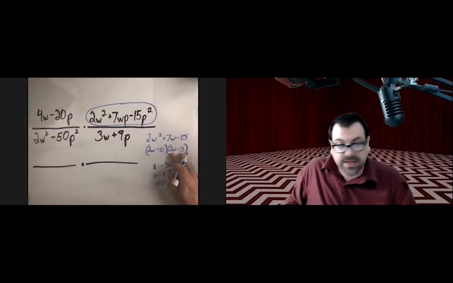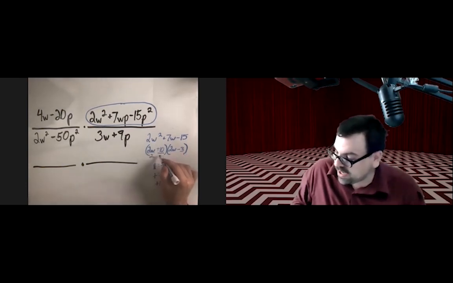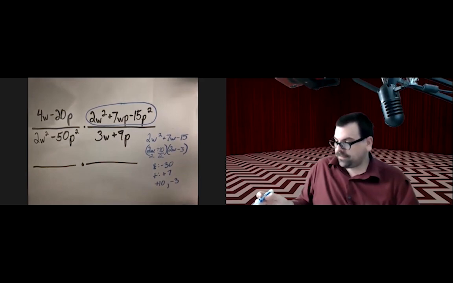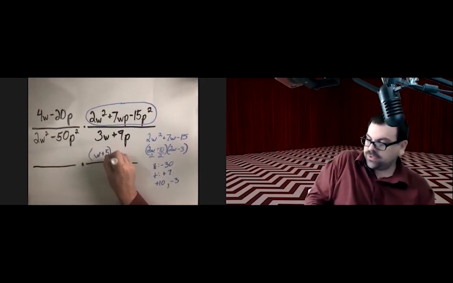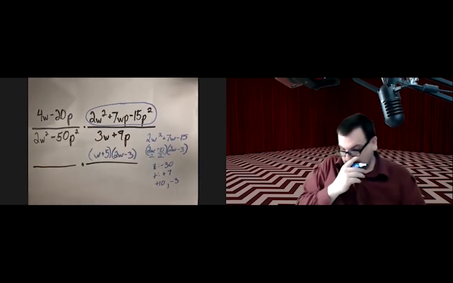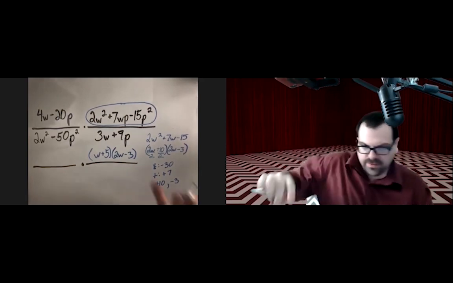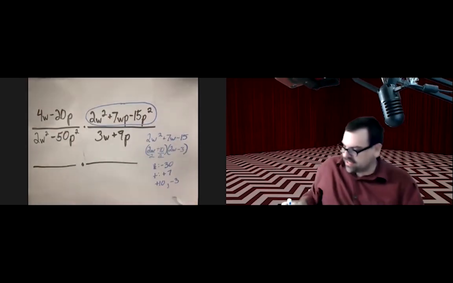The 2 and the 3 don't divide by anything, but the 2 and the 10 both divide by 2. And that leaves us with w plus 5 times 2w minus 3. But wait, that's not right. Why isn't that right? Let's write that down here.